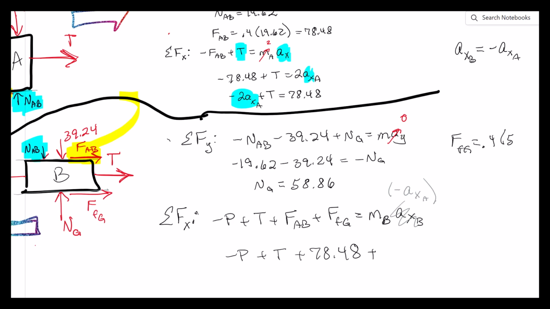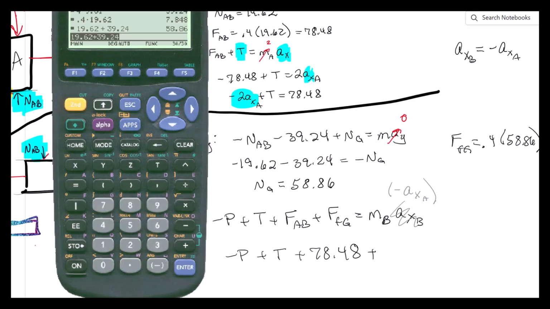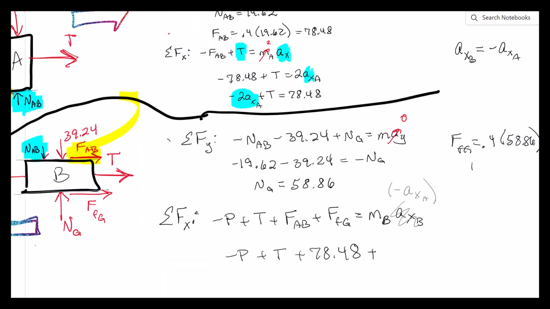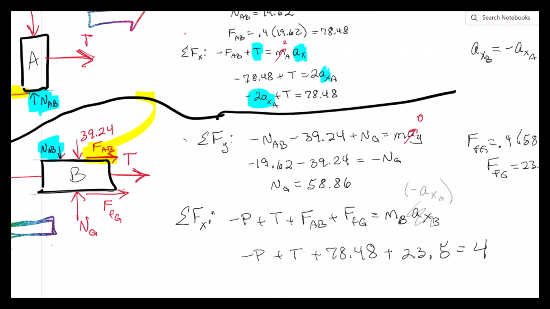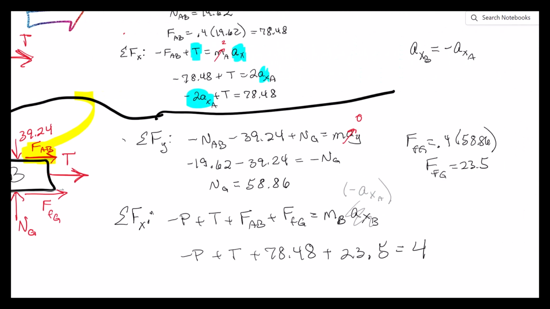Times 58.86. So 0.4 times this. Actually, I think I could have done something earlier. F_FG is 23.5. Plus 23.5 equals the mass of B, which was 4 kilograms, times negative acceleration of x in the A direction.